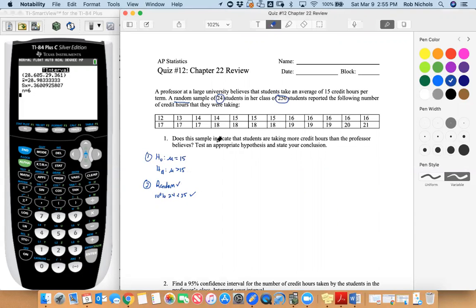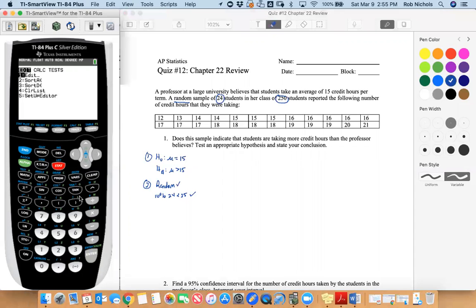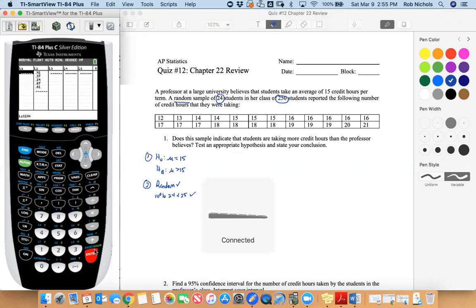Well, I need to plug my data in to check that. I'm going to go to Stat, go to Edit, and clear my lists. Then I'm going to enter my data. I have 12, 13, 14, 14, 15, 15, 15.